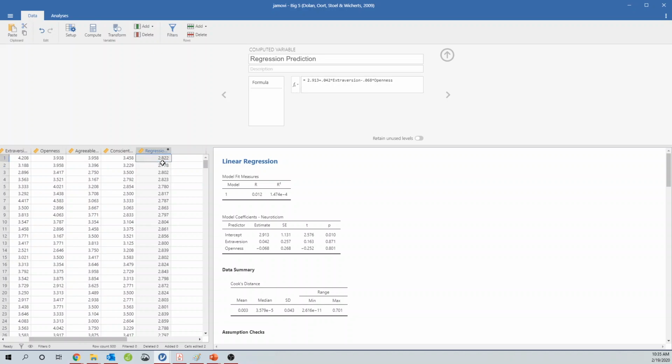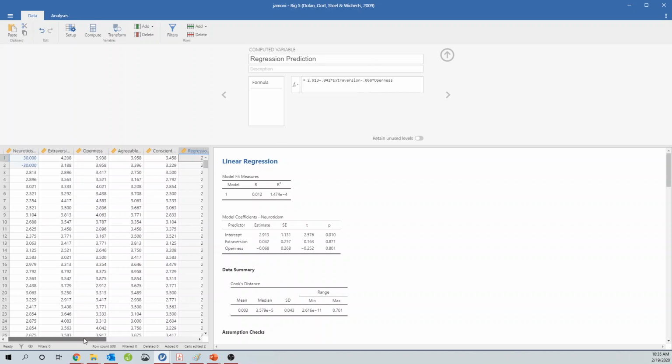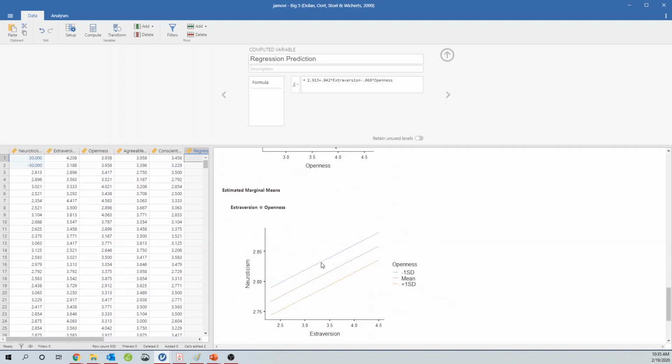If we double check, we have extroversion and openness. Extroversion is 4, openness is 4. So if we look at this graph down here, extroversion is around 4, so right around somewhere in this area is probably going to be our neuroticism, which is predicted somewhere between 2.8 and 2.85.